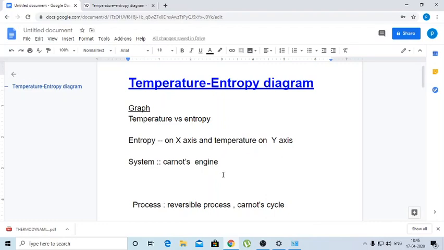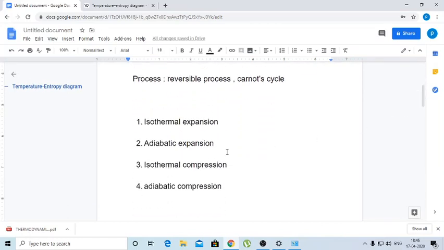A reversible process is a process which can be performed in the opposite direction also under the same circumstances. For a reversible process, the Carnot engine is the best example, which undergoes four stages: two expansions, and after that, in the opposite direction, two compressions.